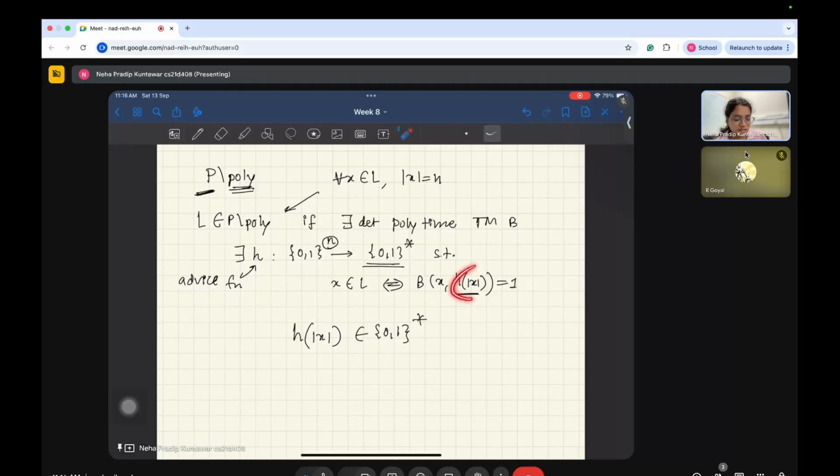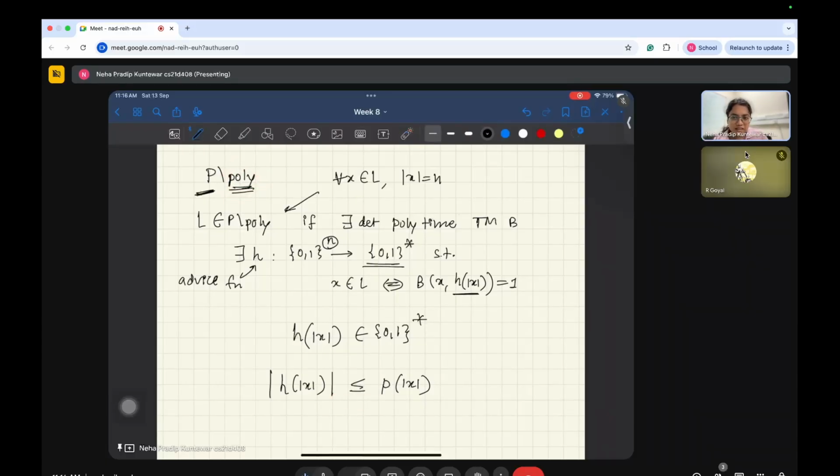So this could contain arbitrarily large amount of information. To restrict that, we put a restriction that the length of this should be bounded by a polynomial in the length of x. So this is not an arbitrarily large advice we are giving, rather it's a polynomial sized advice, which is why we have a poly here.